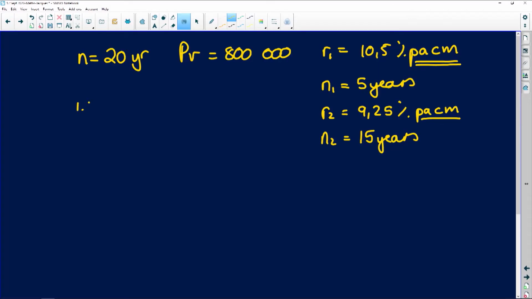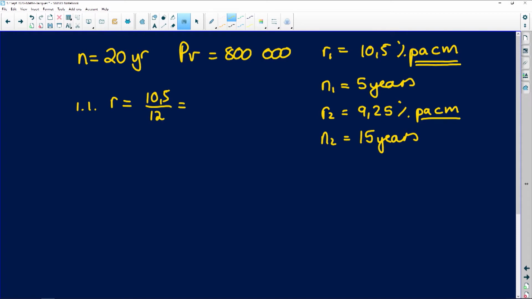Okay, so now they ask us the very first question, calculate for 3 marks the effective interest rate during the first 5 years of this loan. Okay, so for 1.1, they want the effective interest rate. So we can take our R value and we can say the R value is 10.5 divided by 12.